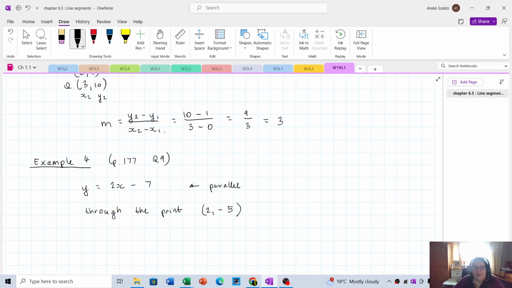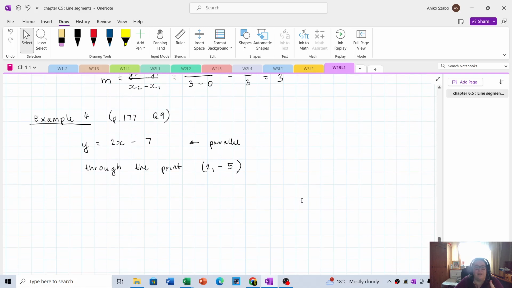Now, you can find the equation of a line if you know its gradient and a point that it passes through, or if you know 2 points that it passes through. So we've got 1 point, so all we need is the gradient. And when you see that 2 lines are parallel in coordinate geometry, they've got the same gradient. Okay, so parallel means same gradient.